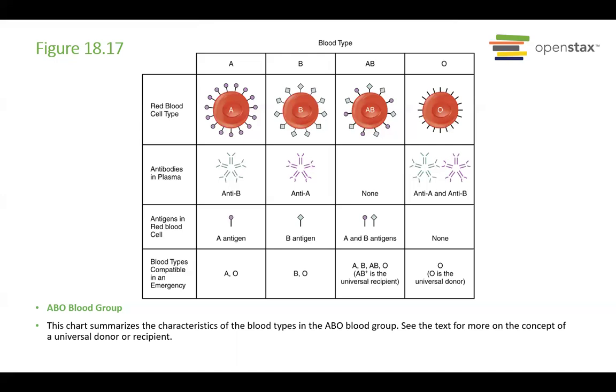You always have weapons against your opposite. If you're A, you have anti-B. If you're B, you have anti-A. Remember the example I gave you?